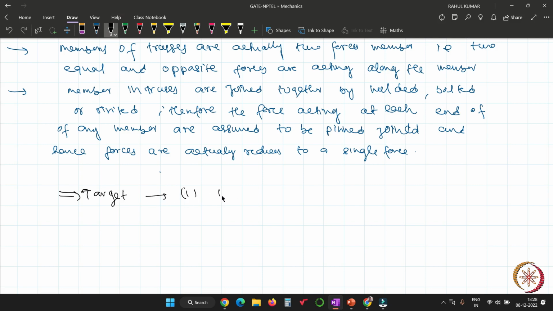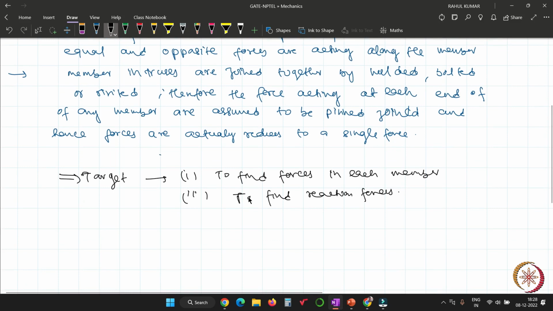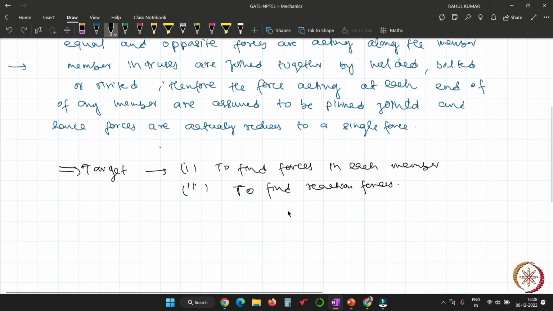The first target is to find forces in each member, right? The first target is this. And the second target is to find reaction forces. So these are the targets to study trusses.